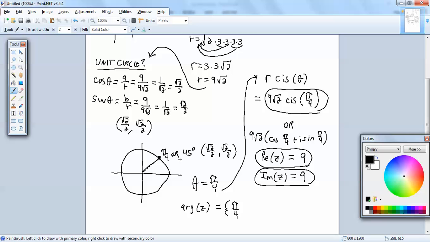So we're going to say pi over 4 plus 2 pi k, where k is an integer. Now we also have our principal argument, which is our beginning angle theta, which in this problem was pi over 4.